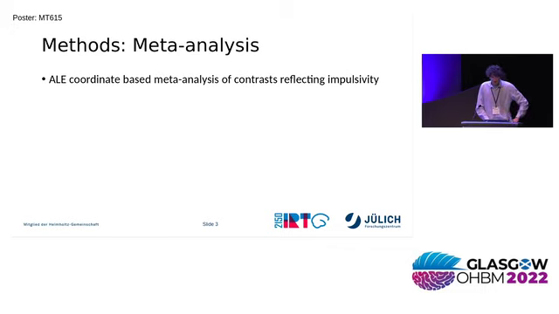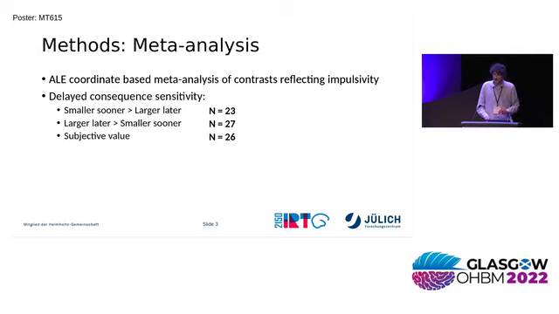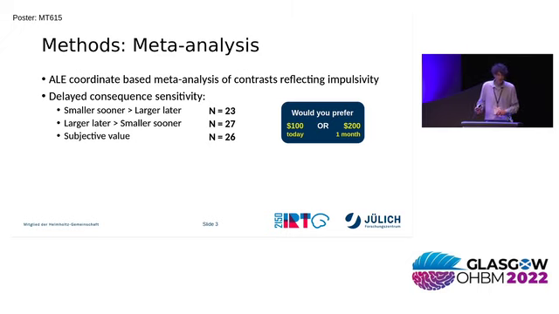So first we did an ALE coordinate-based meta-analysis of studies that contrast impulsive and controlled processes. What exactly do I mean by this? Well, let's take the example of delay consequence sensitivity, which is here studied using delay discounting tasks. So here we take studies that contrast choices of smaller sooner rewards with choices of larger later rewards.